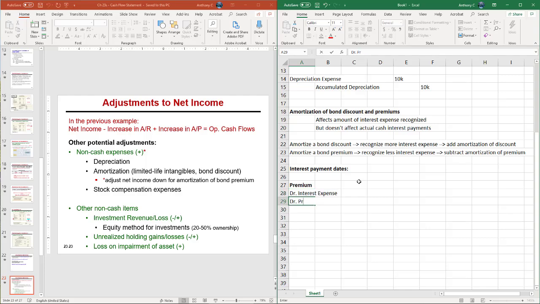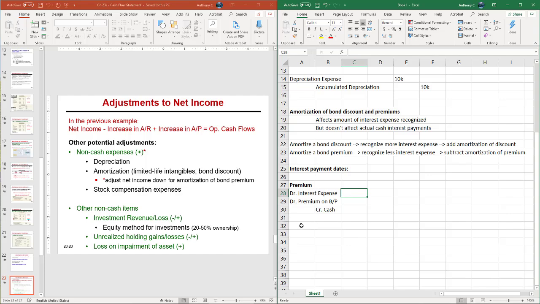We debit the premium on the bonds payable, and then we ended up crediting cash. Here, since we know debits must equal credits, the credit to cash here, or the amount of cash paid out, will be less than the interest expense. So that means we would have to subtract out the amortization of the premium from net income to get to a cash basis.